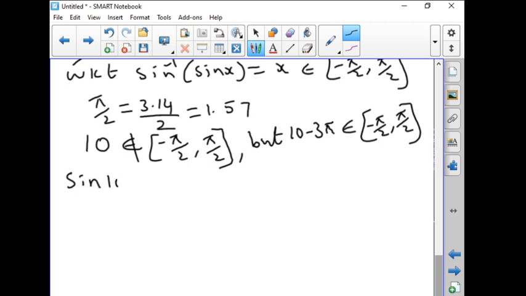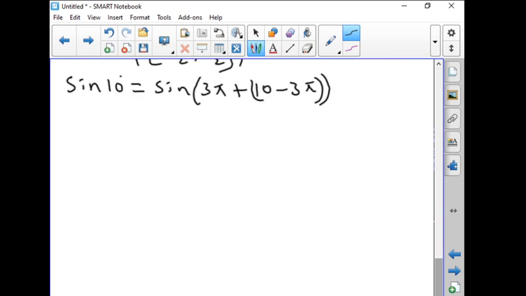Therefore, we can write sin 10 as sin of 3 pi plus 10 minus 3 pi. That is, we are adding and subtracting 3 pi. Now, 3 pi is 2 pi plus pi. Therefore, it completes one rotation plus the other angle we have. Therefore, we write this as sin of pi plus 10 minus 3 pi.